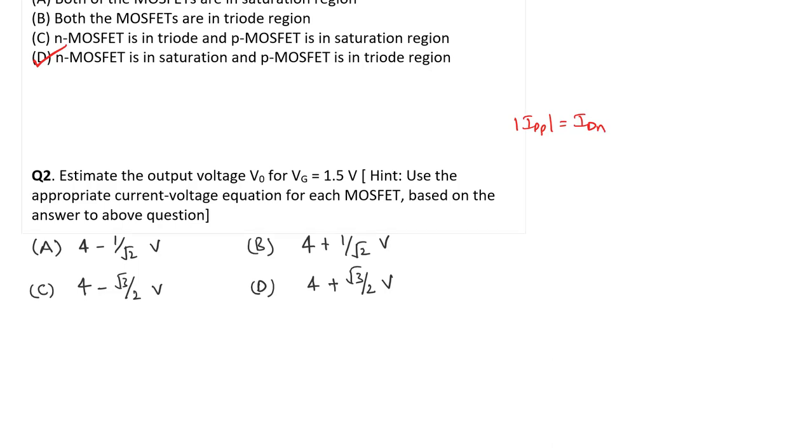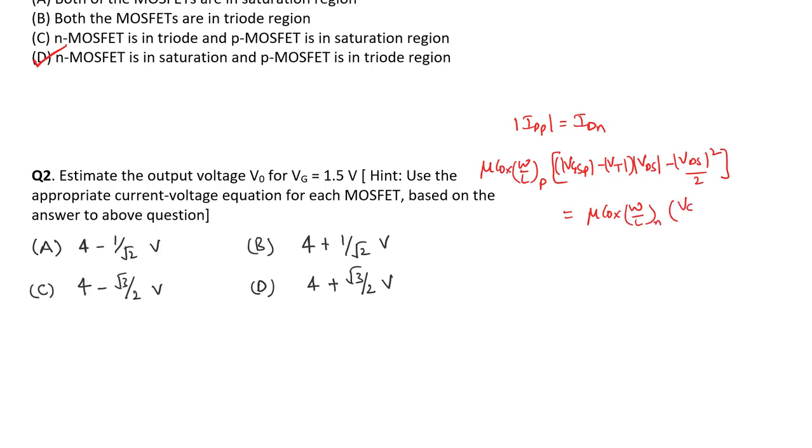Now as PMOS is in linear region, we'll take mu Cox W by L of PMOS transistor times VGSP minus Vt times magnitude of VDS minus VDS magnitude square over 2 should be equal to IDN, which is mu Cox W by L of N times VGS minus Vt whole square divided by 2.